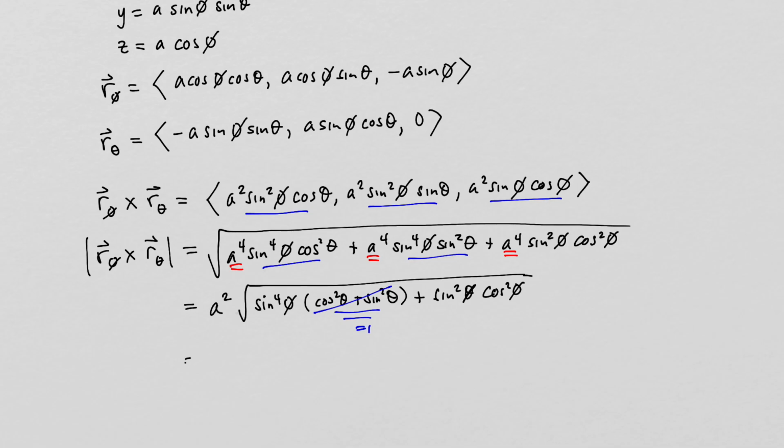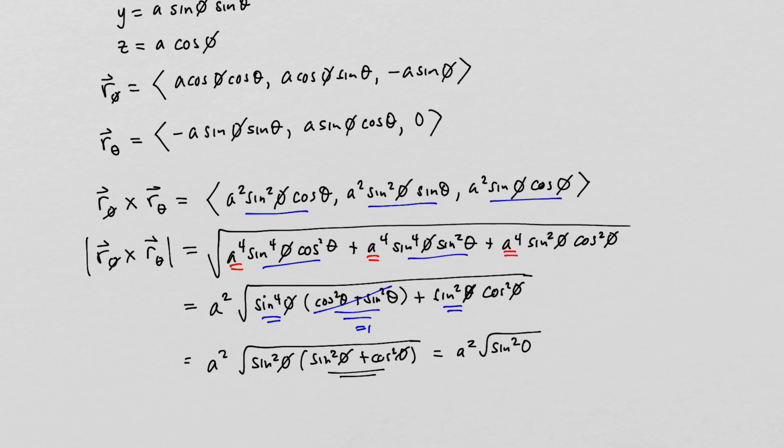And then we can pull out a sine squared of phi. That's going to come out of here and here. So what will be left over after that is another sine squared of phi, and then plus cosine squared of phi. But again, this is equal to 1. So we end up with a squared square root of sine squared of phi, which is a squared times the absolute value of the sine of phi.